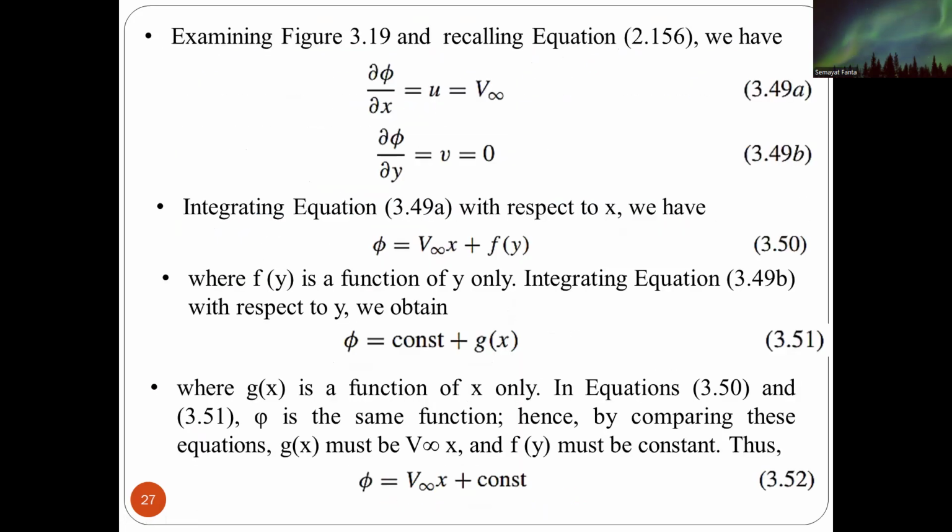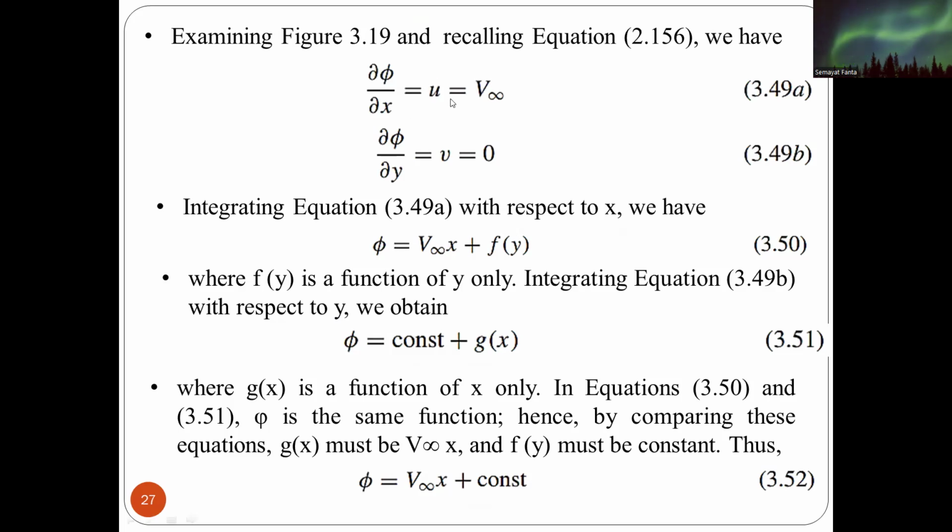So just examining the above figure, what happened? d phi dx is equal to u from the boundary condition, d phi dy is equal to v, and u is equal to V infinity, and v is equal to 0.